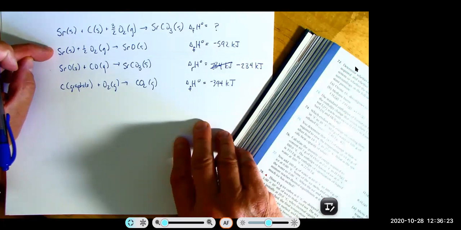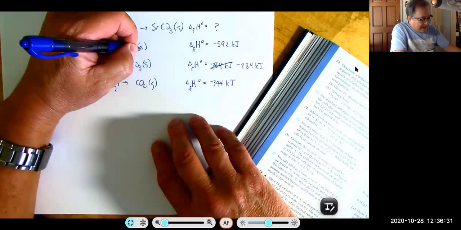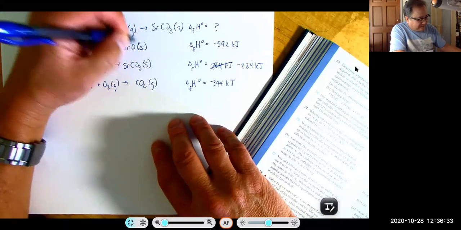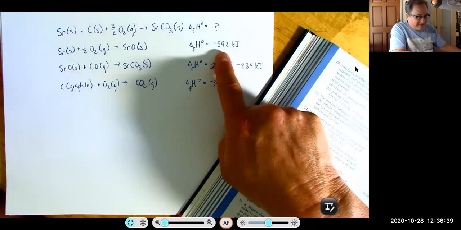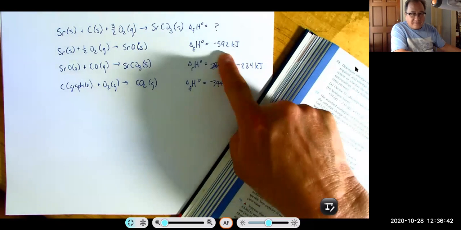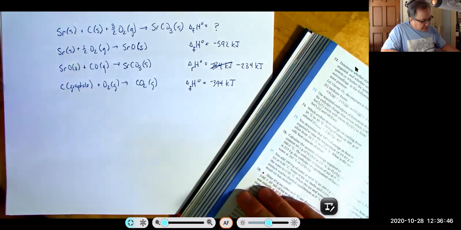Because you would want to get solid strontium in like the final formation reaction. Wrong answer. It's the right answer, but for the wrong reason. Is that for the biggest change of energy? Biggest number. Yeah. That's why. So how long should I draw my line?